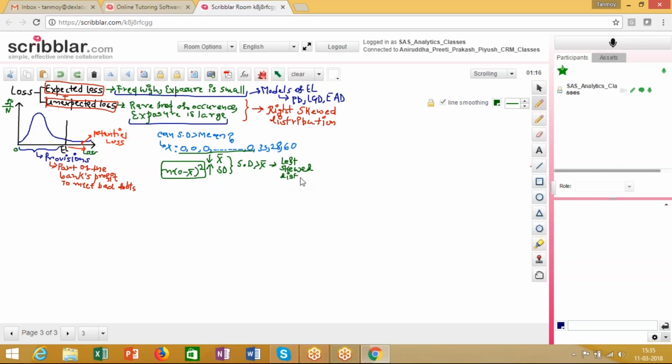So for left skewed distribution, what we see is that the standard deviation can exceed the mean if there is a concentration at 0.